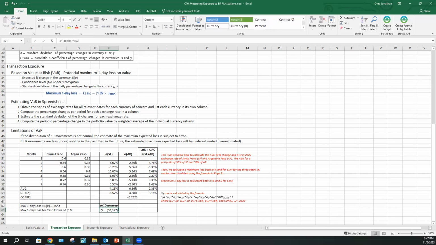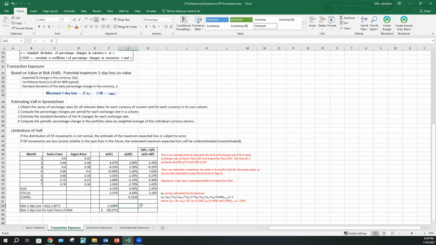That's how you calculate it. Okay? The maximum one-day loss for the Swiss franc alone is minus 5.038. That's the pessimistic worst-case scenario.